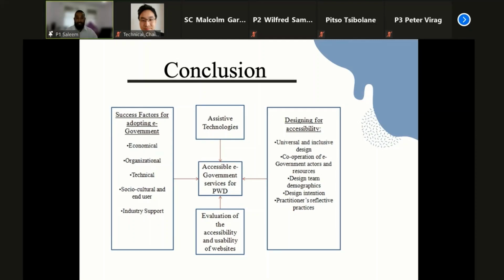While these studies presented a foundational basis of what to consider when implementing e-government, they fail to consider people with disabilities' needs for accessibility. The third theme was assistive technologies, focusing on readily available, cost-effective assistive technologies. And the final theme was research focusing on evaluation of websites.